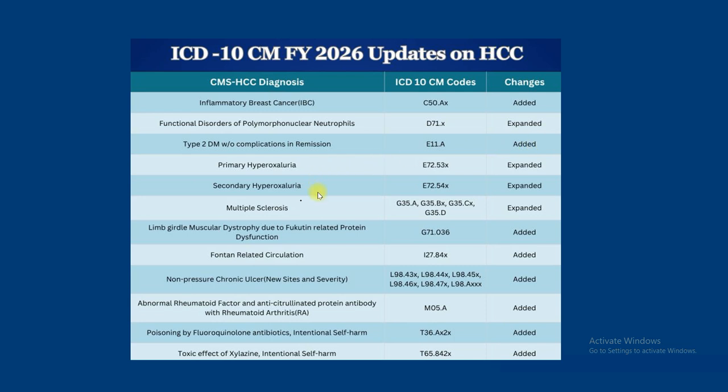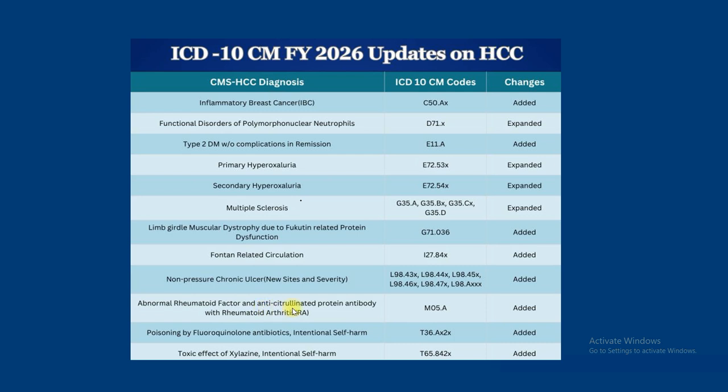Primary and secondary hyperoxaluria expanded. Expanded means we already have the code, but this year they have expanded it. Multiple sclerosis also expanded. Limb-girdle muscular dystrophy also added. So this is the new code. Fontan related circulation is also added. And non-pressure chronic ulcer, new sites and severity are also added.